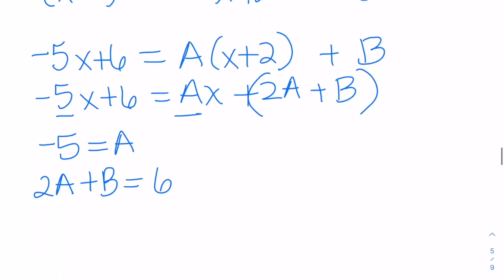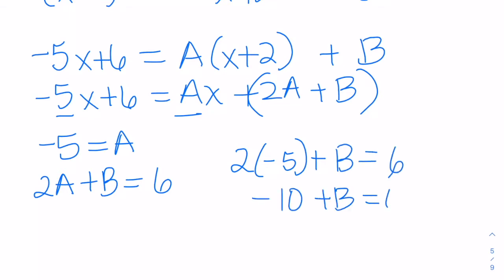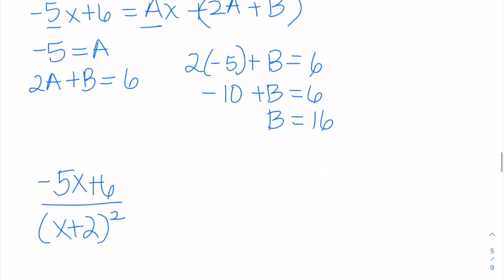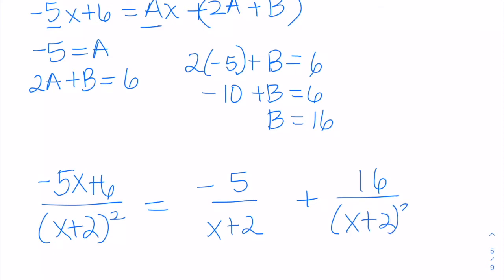So if I plug in -5 here, in for a, we can solve for b. So b would just equal 16. So when I write the partial fraction decomposition, it's negative 5x plus 6 over (x plus 2) quantity squared. Our a was negative 5, and that was over x plus 2. And our b was 16, and that was over (x plus 2) squared.